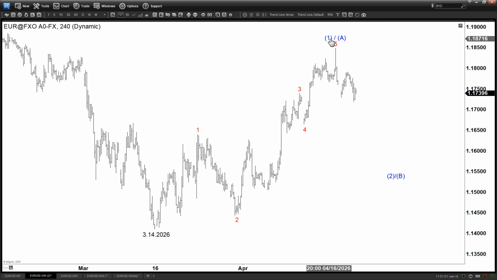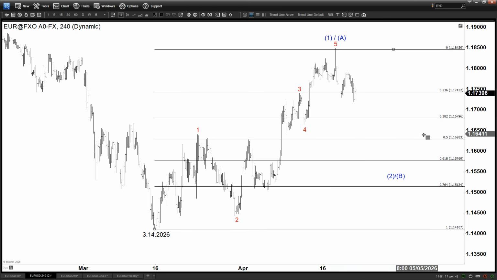So now if this is ending wave 1 or wave A, which is 5 waves up, then that means you're going to be looking for a bigger pullback. If you're looking for wave 2 or wave B, a correction against this entire rally, typically you'll be expecting at least 38.2% or even lower, like 50%, 61.8% is possible. On the way, this area is entirely possible during a full correction of a cycle.